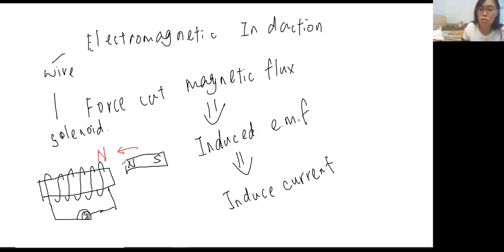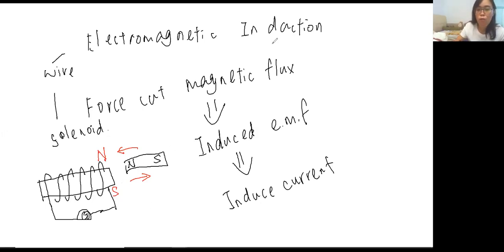If I move it out away from it, it will be a south pole. Correct. Once you identify the polarity of the solenoid, you can use the right-hand grip rule to identify the direction of current, where your thumb always points at the north pole. So this is Lenz's law.